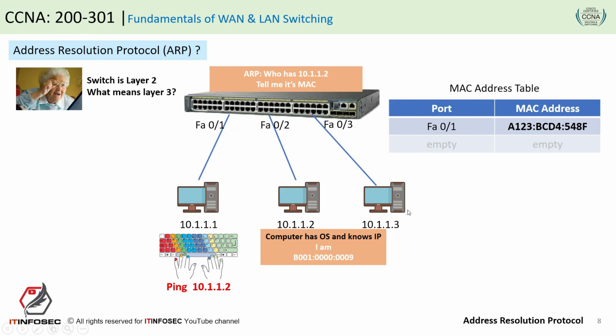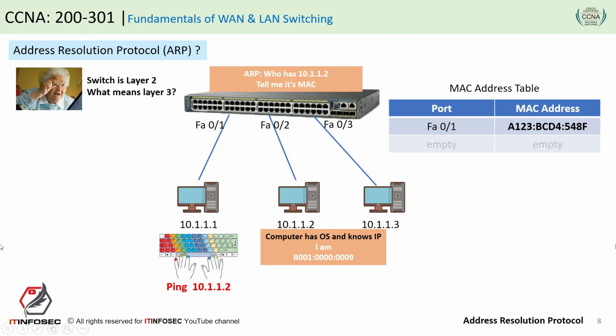So all computers connected in the network know and can understand what the switch says. The computer whose IP address is 10.1.1.2 will say, I am 10.1.1.2.